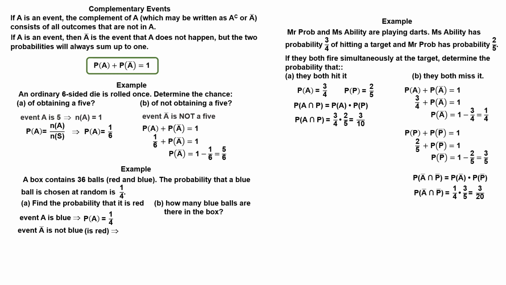To find the probability of red, we use the complementary events. The probability the ball is red is 3 over 4.